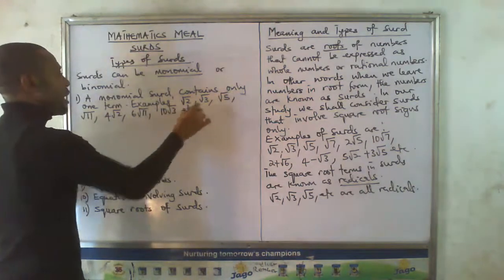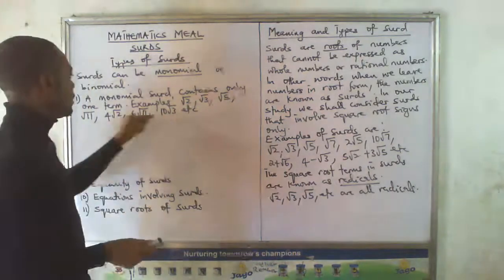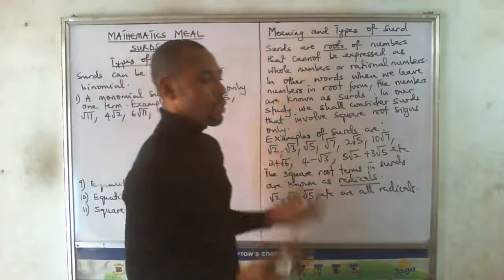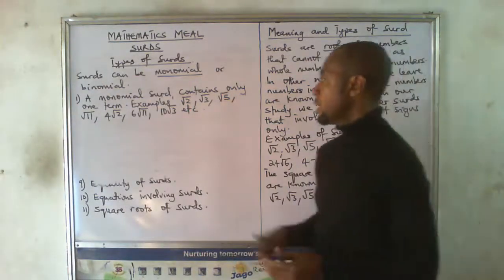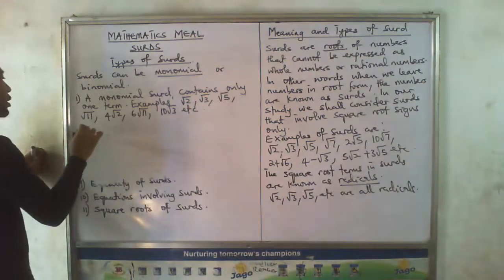All these are monomial surds. Just a single term. That's a monomial surd. So a monomial surd contains only one term. Then the second type of surd is a binomial.